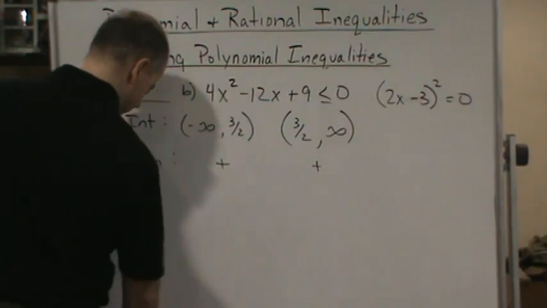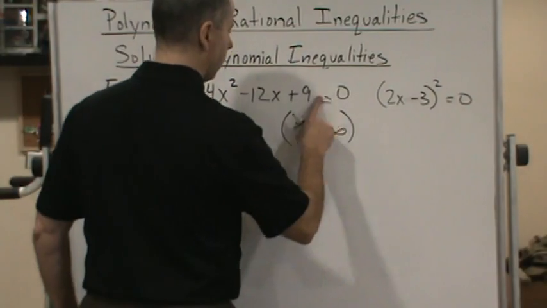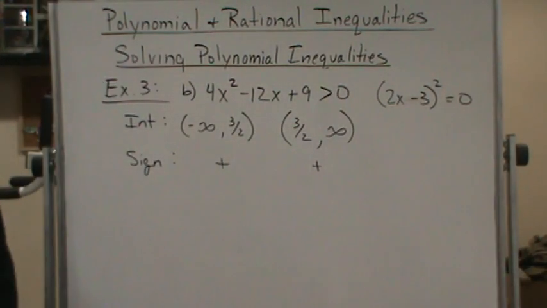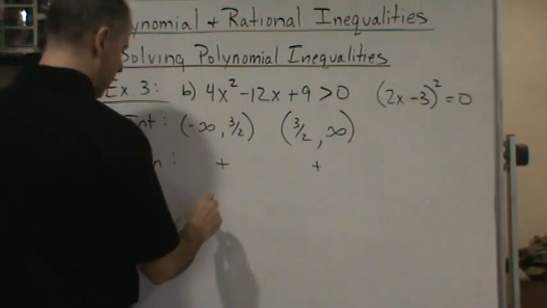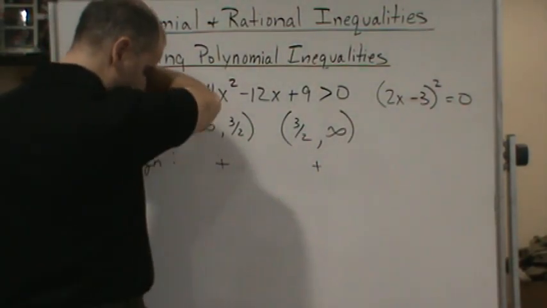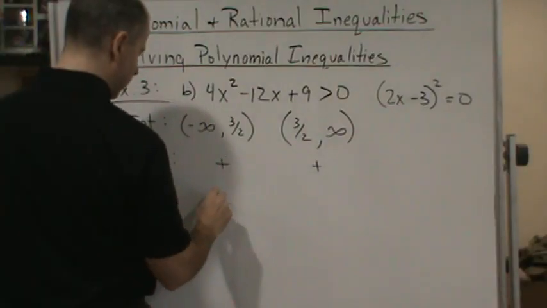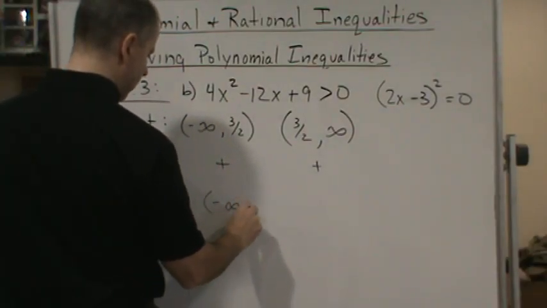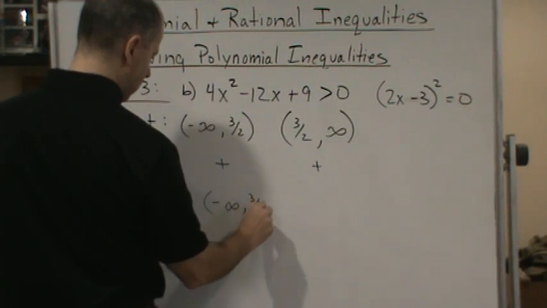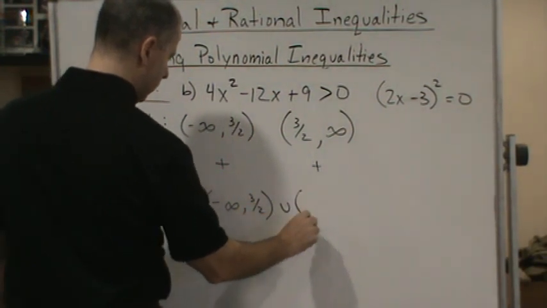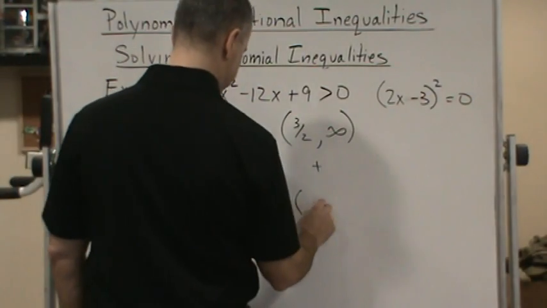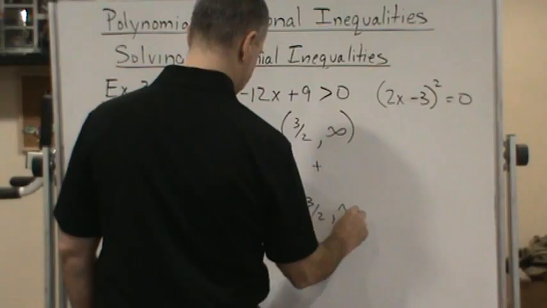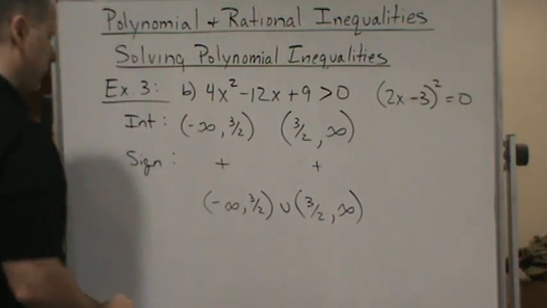Now, what if it was greater than? If it's greater than, then our solution set would be negative infinity to 3/2 union 3/2 to positive infinity.